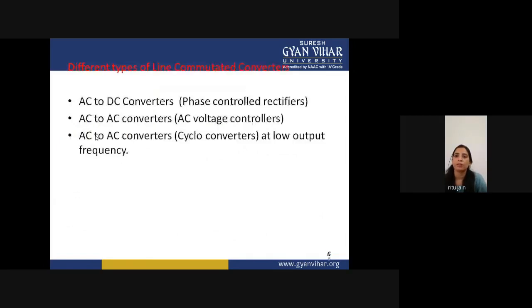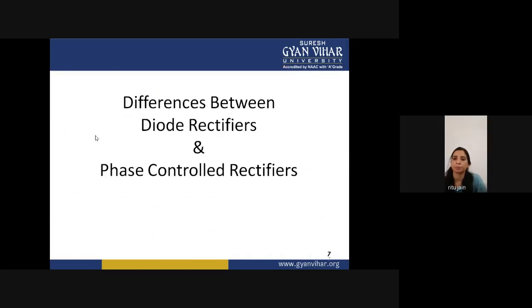There are different types of line commutated converters: the AC to DC converter, the AC to AC converter, and the AC to AC converter at a low output frequency. First, going to the controlled rectifier or controlled converter, we have to understand the AC to DC converter.